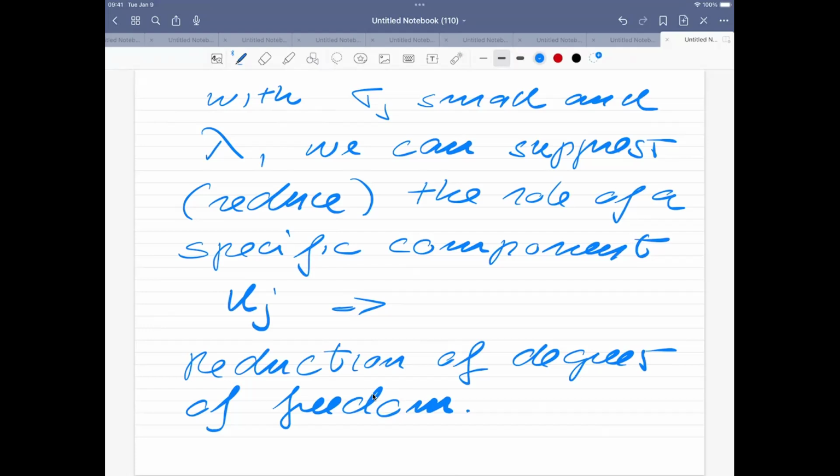This is a technique which is widely used in machine learning, because we can have so many degrees of freedom that at the end, we don't see the wood for the trees. And then we want to understand which ones we can screen away. So this parameter lambda becomes like a screening parameter.